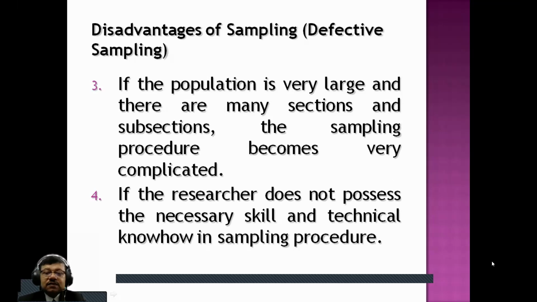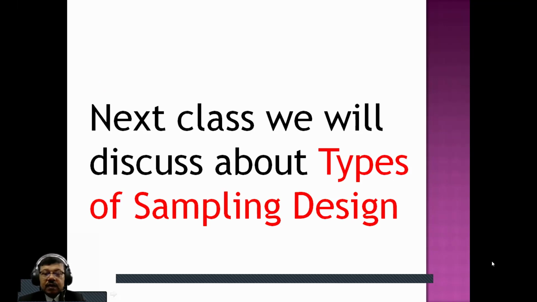Furthermore, if the population is very large and there are many sections and subsections, the sampling procedure becomes very complicated. If the researcher does not possess the necessary skill and technical know-how in sampling procedure, obviously it will result in wrong or defective sampling.